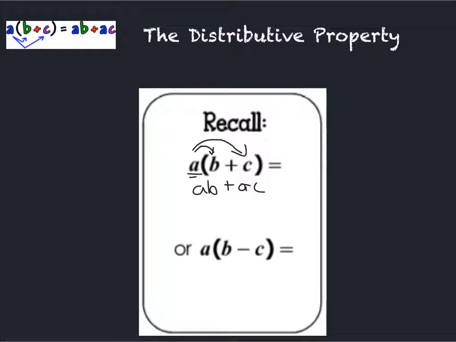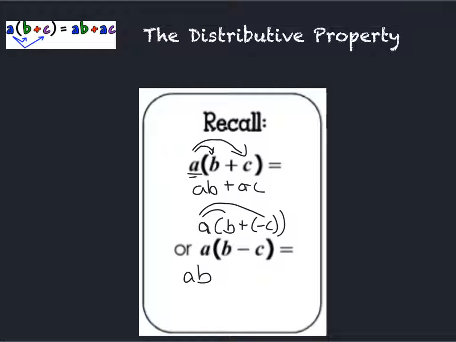And it works with subtraction as well. You have to remember that subtraction is just adding a negative. So this is a sum as well. It's the same thing as saying a times b plus negative c. So this is also a sum, and it works the same way. It would be a times b, which would be ab, plus a times negative c.